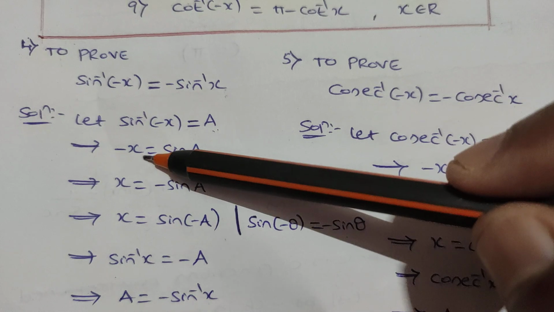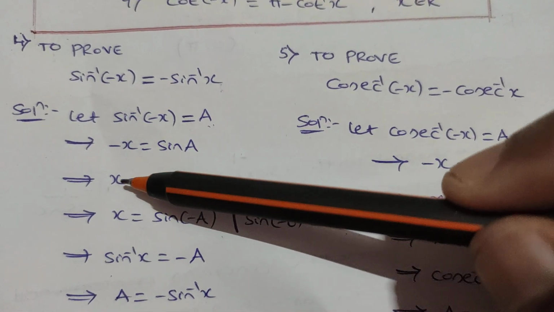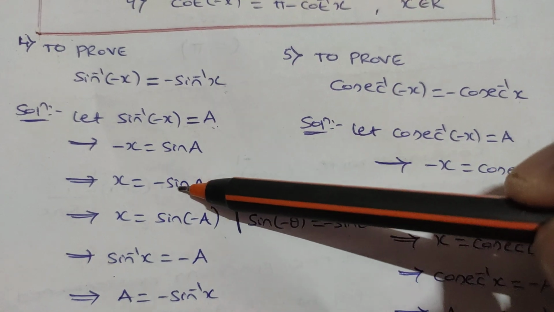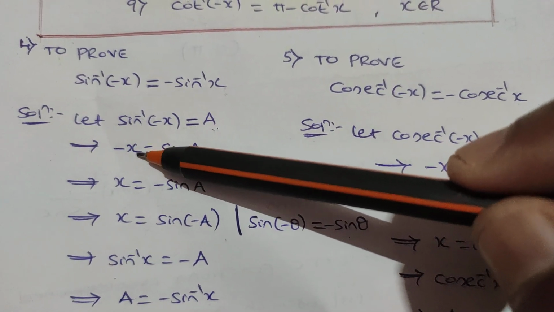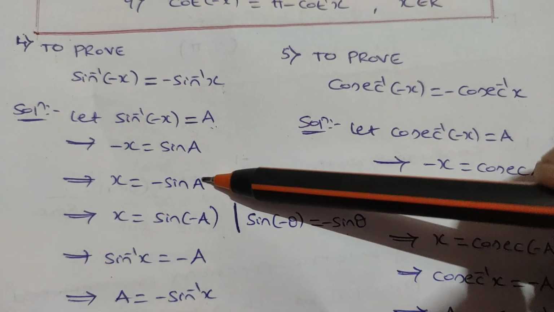Therefore, minus x is equal to sin A, or x is equal to minus sin A. Multiplying by the negative sign on both sides, x is equal to minus of sin A.